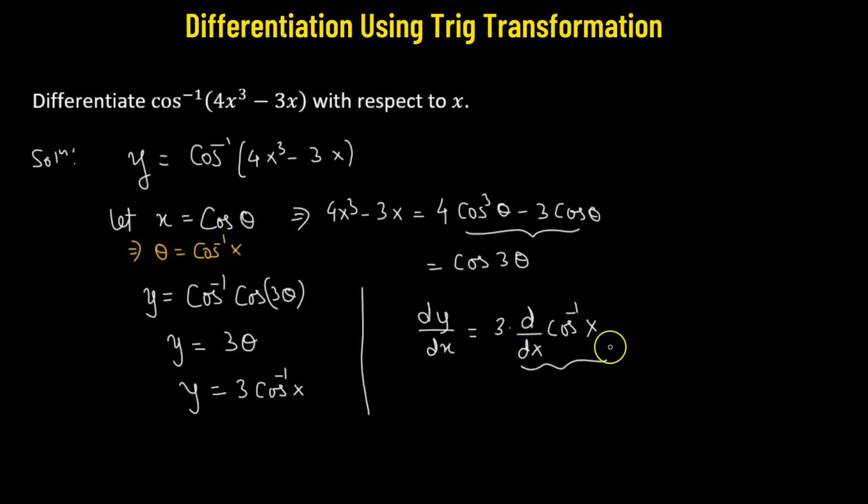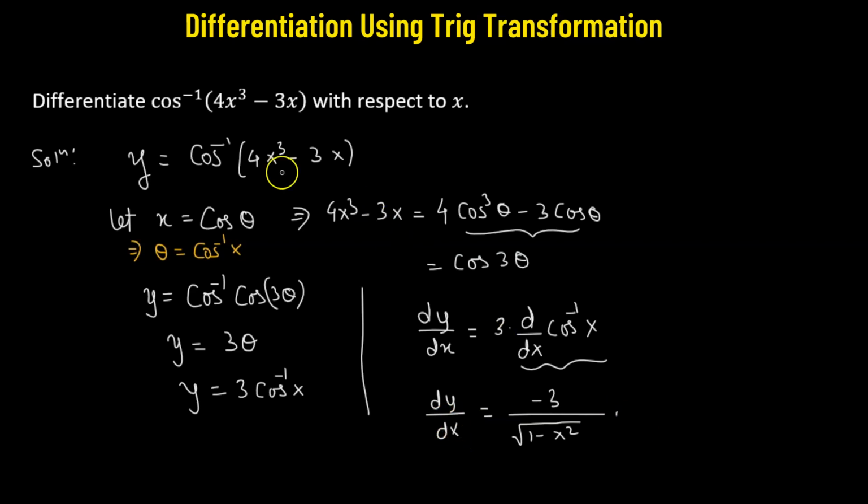This is again our standard formula, which is minus 1 over square root of 1 minus x squared. So we have negative 3 divided by square root of 1 minus x squared. This is the derivative of our function y, cosine inverse of 4x cubed minus 3x, with respect to x.